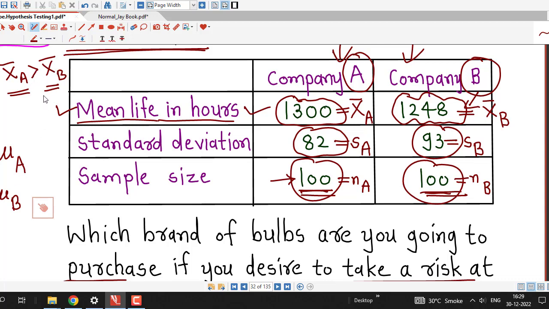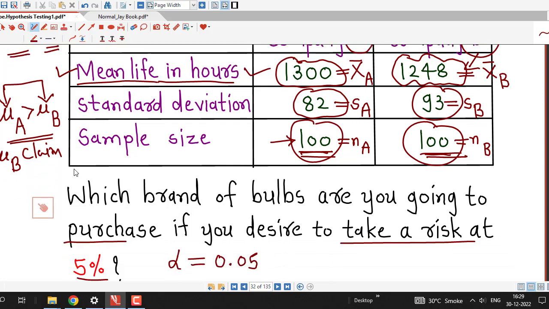So depending on this information we may claim that the population mean for company A is bigger than the population mean for company B, or that electric bulbs of company A have more mean life as compared to electric bulbs of company B. This we consider as our claim, and we want to check whether our claim is true or not at 5% level of significance.